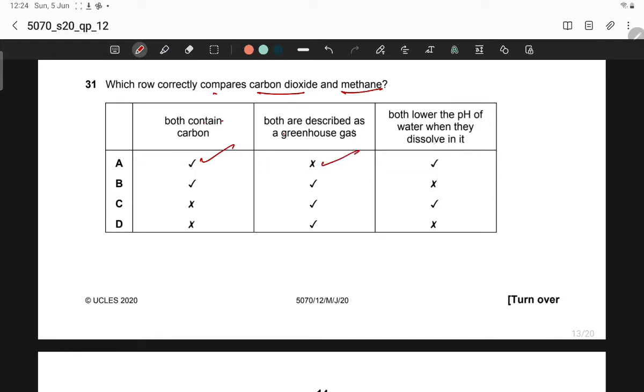Both lower the pH of water when they dissolve in it. Carbon dioxide lowers the pH. Methane also is formed by the decomposition of water when they dissolve in it. Yes, this is also correct. A must be correct option.